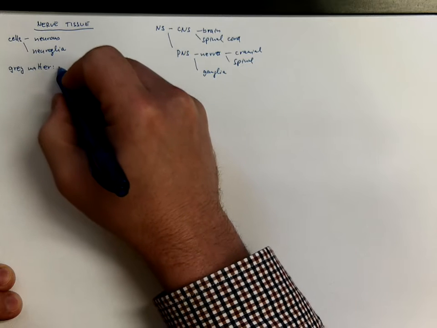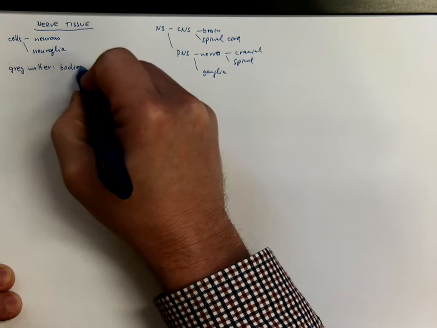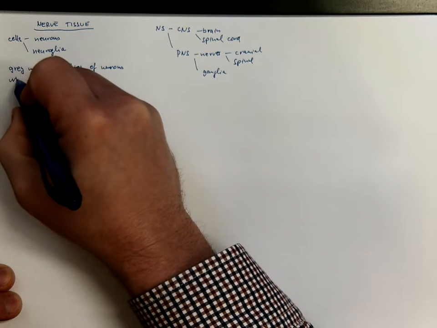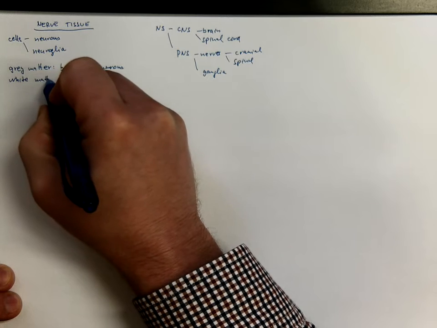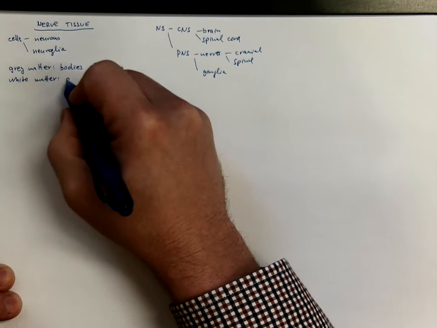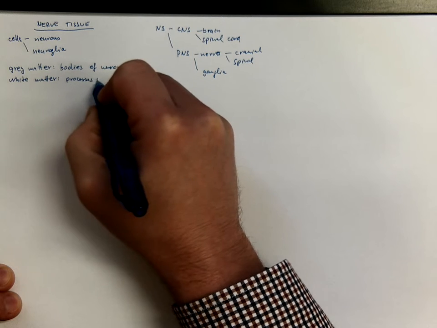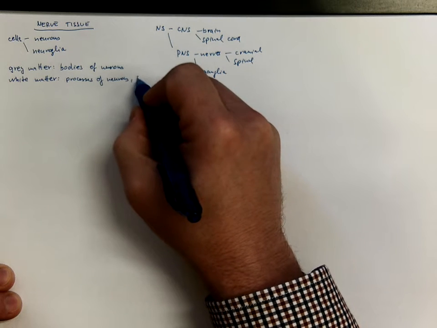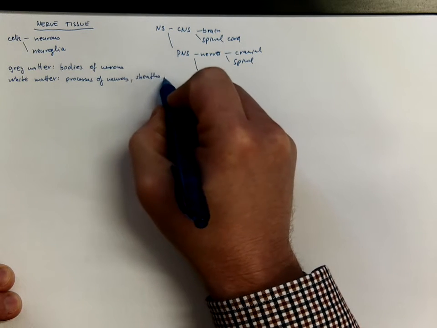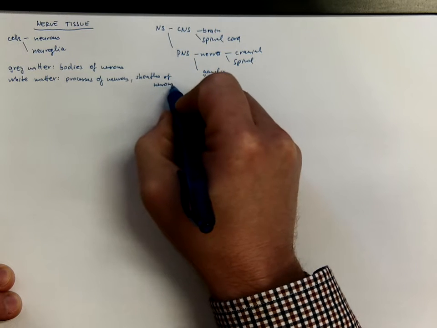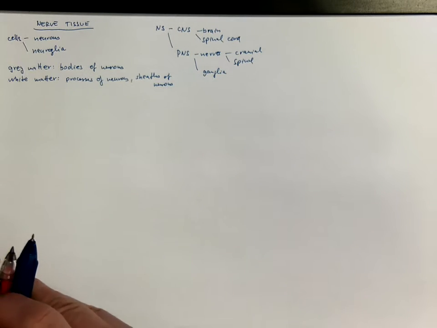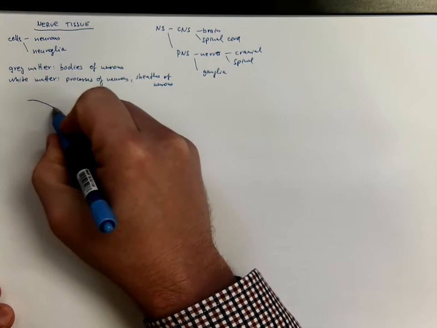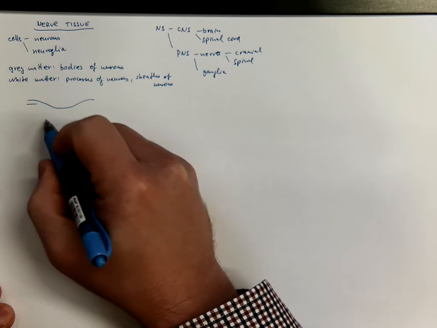The gray matter is accumulations of bodies of neurons, while the white matter is accumulation of processes of neurons and their sheaths. Like envelopes.